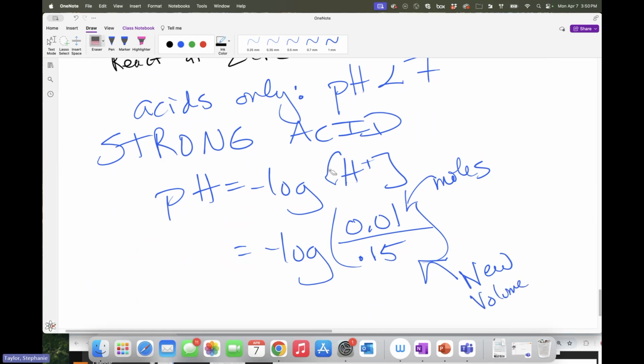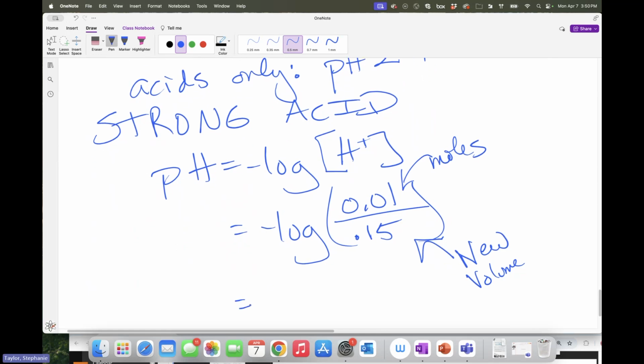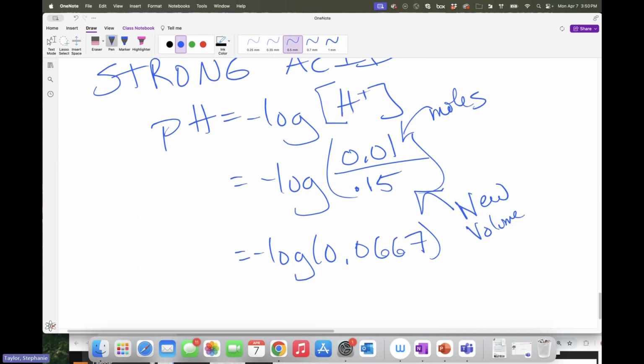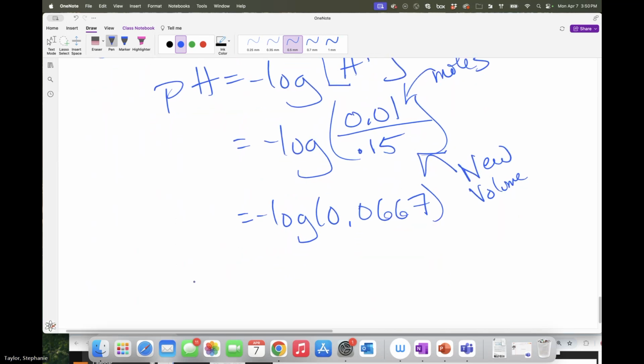I realize my handwriting is not great today. So again, those brackets mean molarity, so I have to have molarity. So this is the negative log of 0.0667.